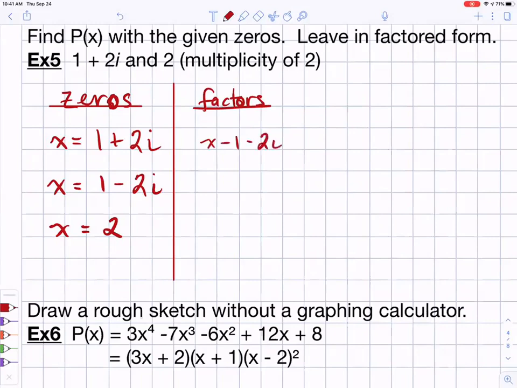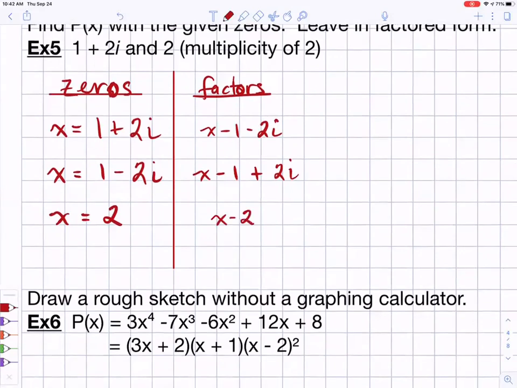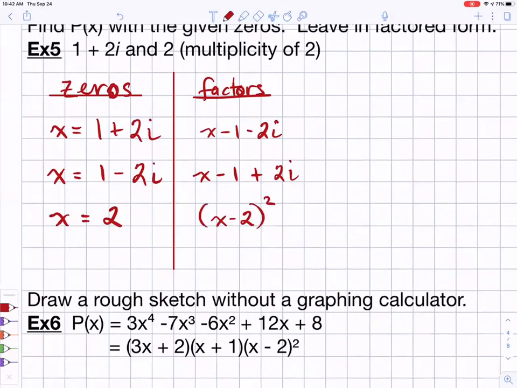Yeah, because you want to take all the numbers over to the side with the x. Good catch on that one. And then the next factor? And the next factor? I'm going to disagree a little bit. Squared, because of that multiplicity of 2.